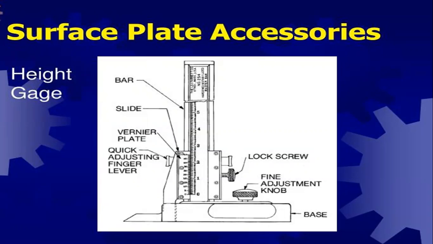There is a lock screw on the right side of the bar, and a fine adjustment knob is fixed perpendicular to the lock screw. This fine adjustment knob is fixed to the base.